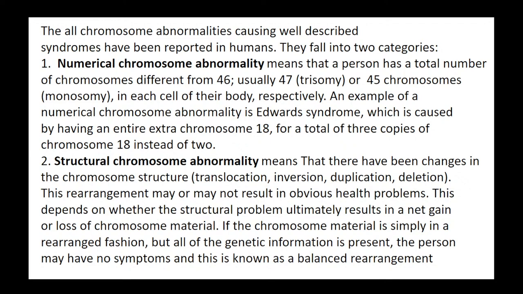The second group of chromosome abnormalities is structural chromosome abnormality. These are changes in structure of chromosomes. There are four main types of changes in structure of chromosomes. These are translocation, inversion, duplication, and deletion. This rearrangement may or may not result in obvious health problems.